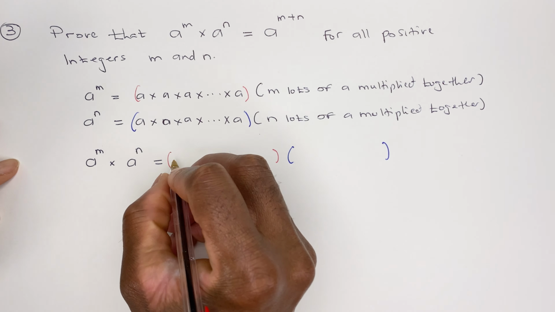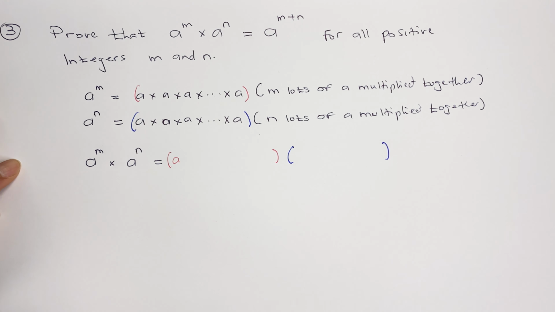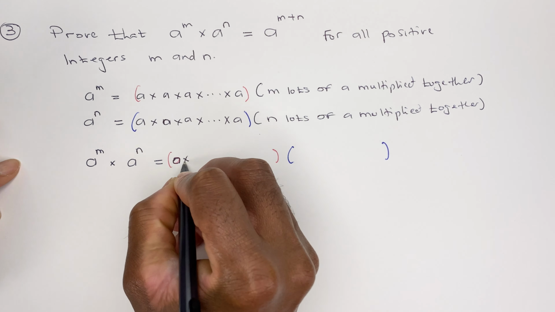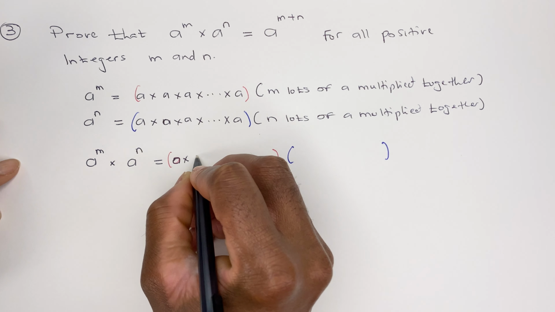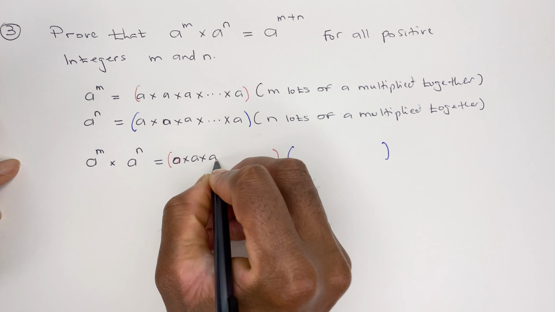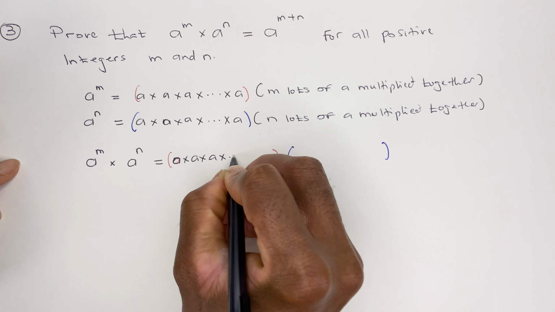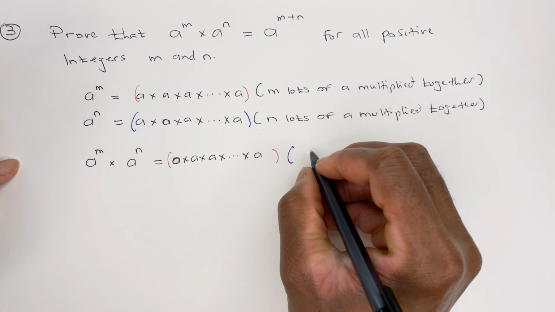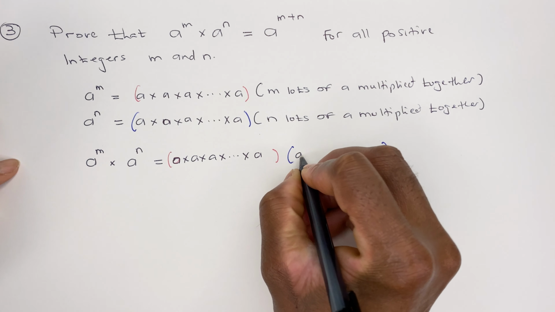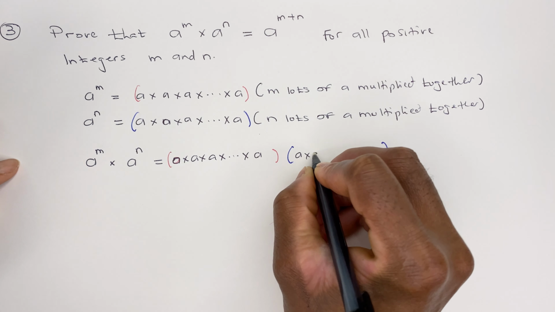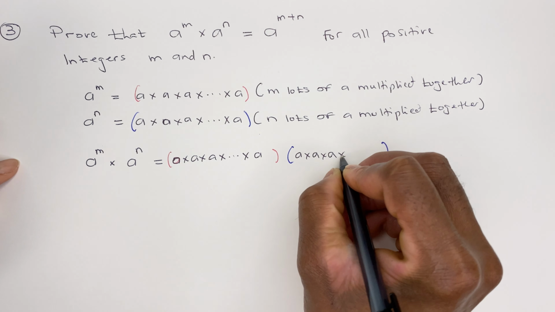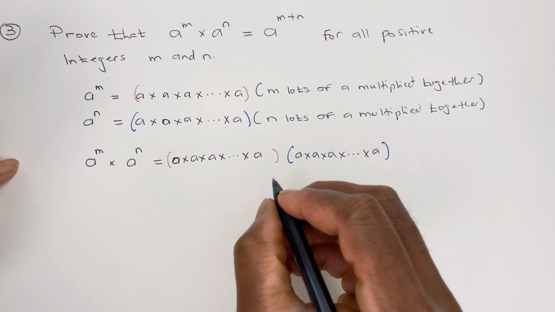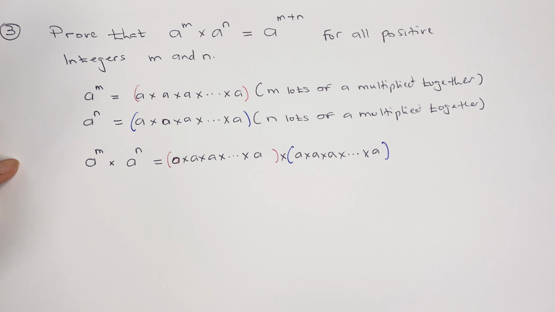And so you can see a to the power of m is a times a times a times dot dot dot times a, and the a to the power of n is a times a times a times dot dot dot times a, and all multiplied together as the product.